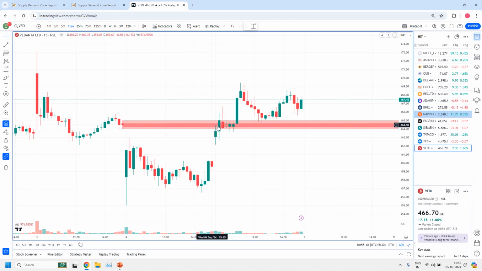Currently the stock was supporting a bearish trade setup for hourly income trade. And also the 5-minute zone is having confluence with the 15-minute zone. What is the meaning of confluence? The 5-minute zone is part of the 15-minute zone.